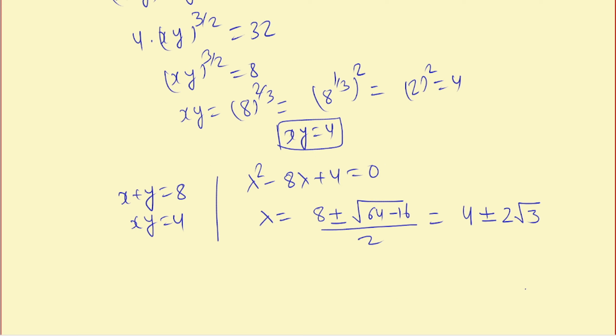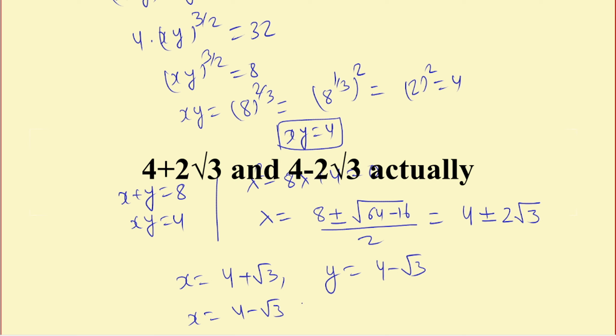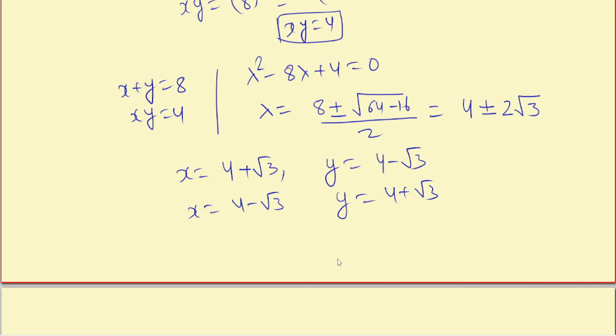Okay, so from here we get x equal to 4 plus root 3, then y equal to 4 minus root 3, and if x equal to 4 minus root 3, then y equal to 4 plus root 3. Okay, so these are our two solutions from the first case.